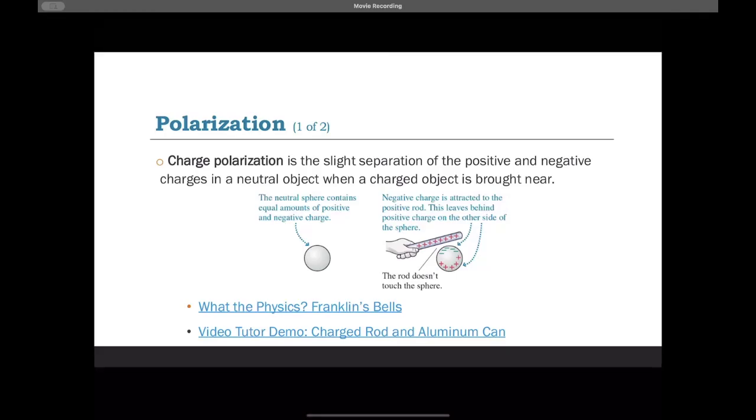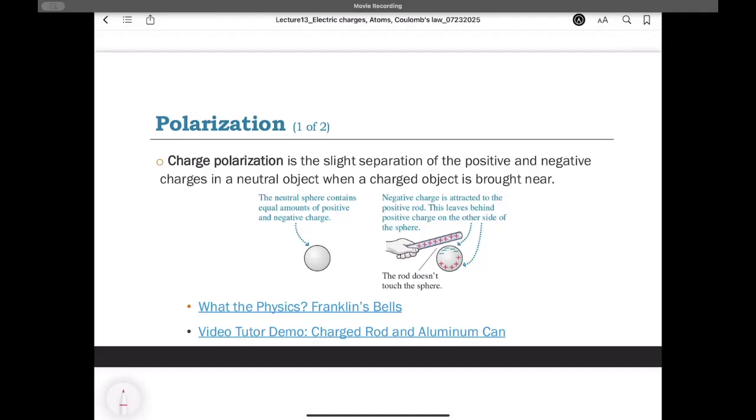The negative charge is attracted to the positive rod. This leaves behind the positive charge on the other side and the negative charge on this side. This situation we call charge polarization. Does it make sense to you?